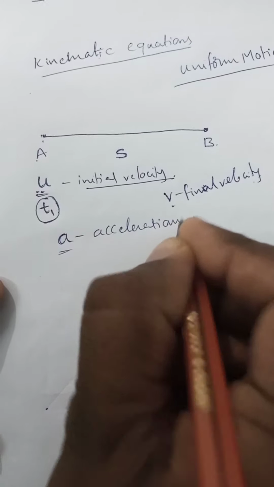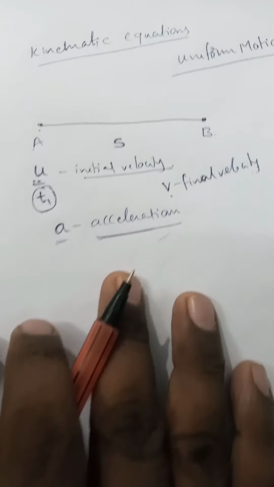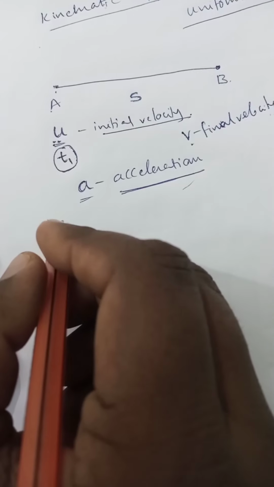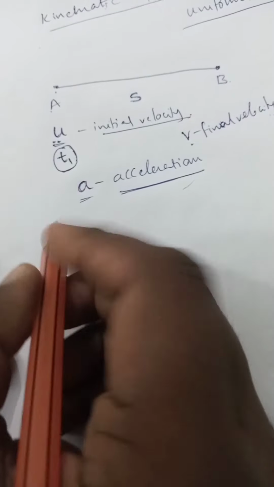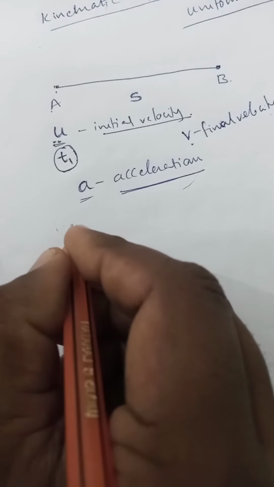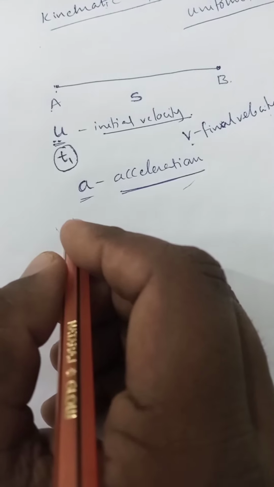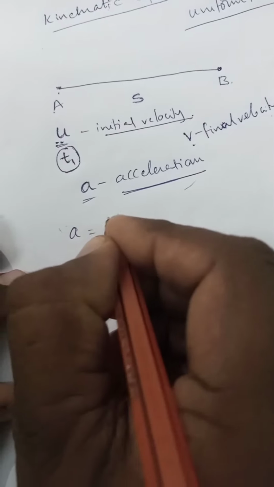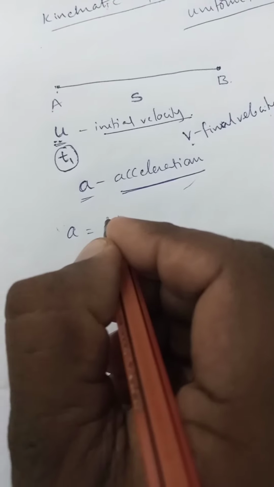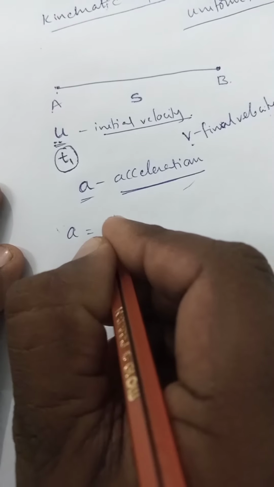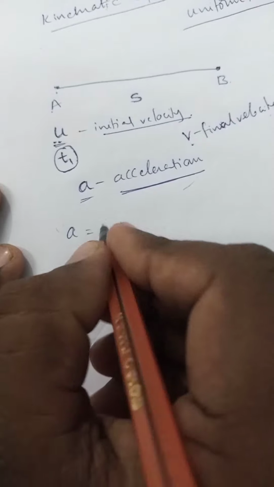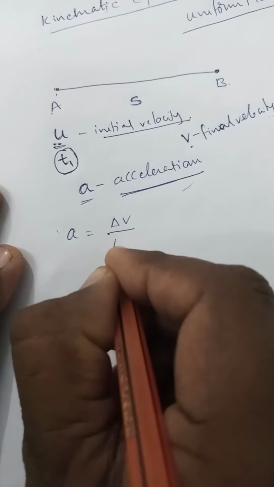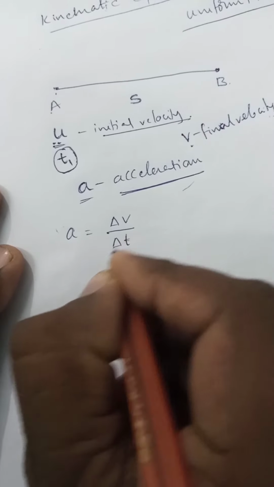Okay, so now we derive the kinematic equations. Initially we know that acceleration means change in velocity with time, here time t.